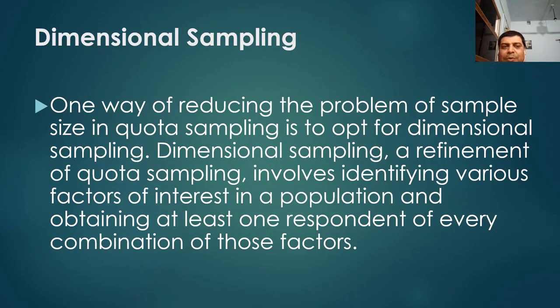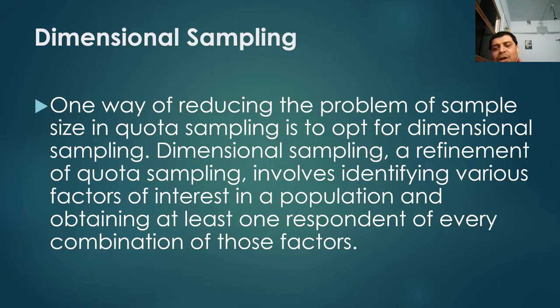Before, we were identifying the elements of the sample on the basis of people. Here we first identify the dimensions which we want to study, and then we collect the samples on the basis of those dimensions which we want to incorporate in our research.